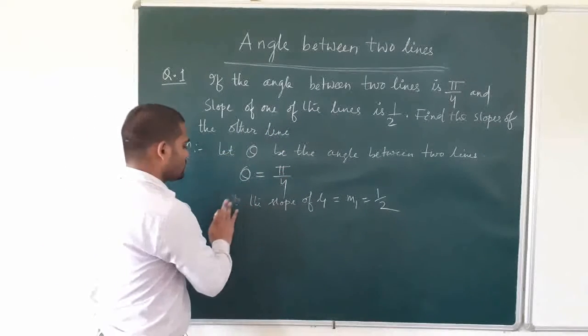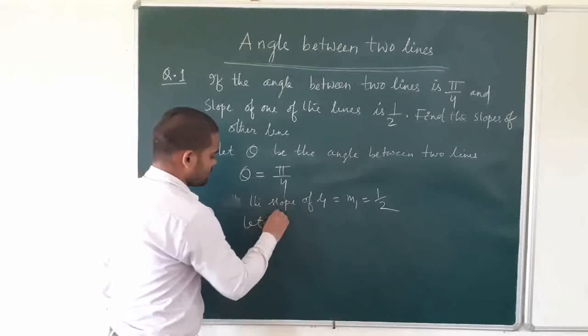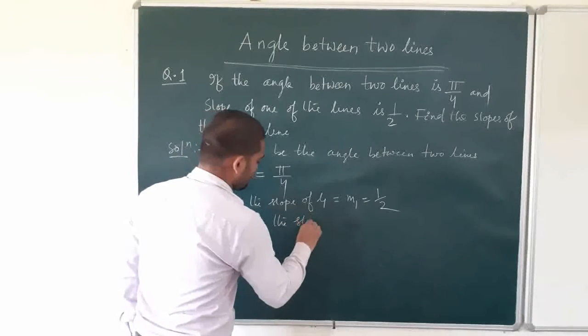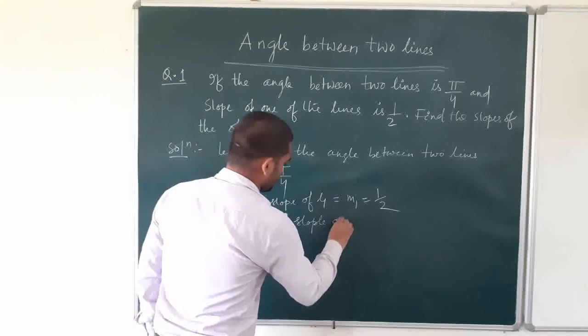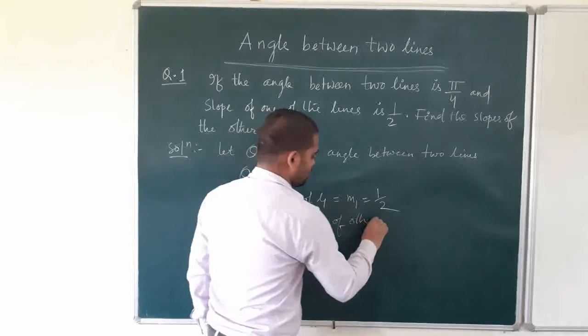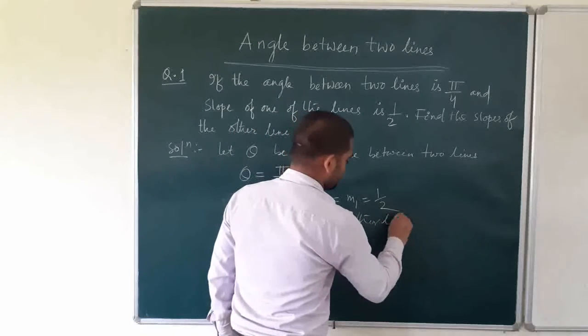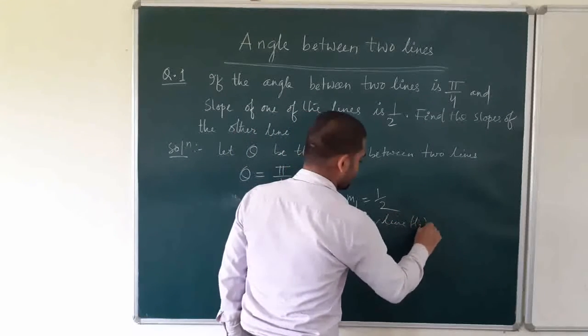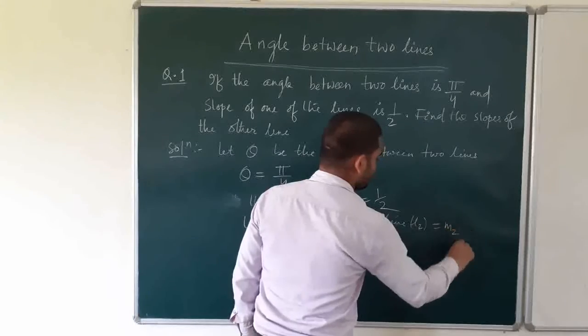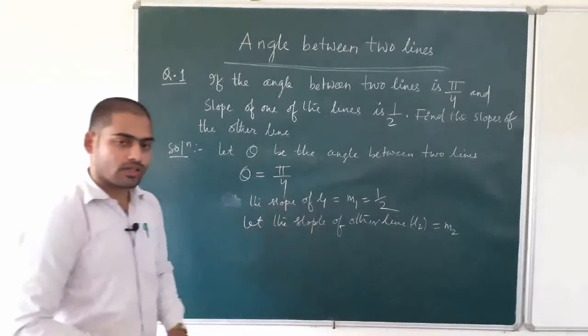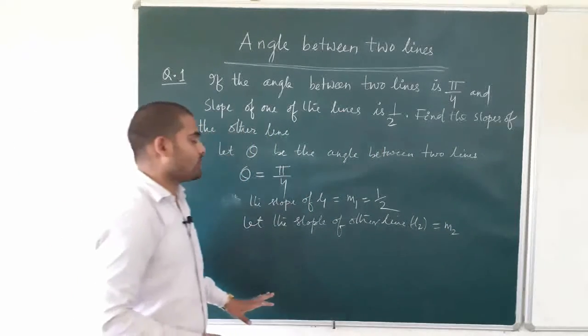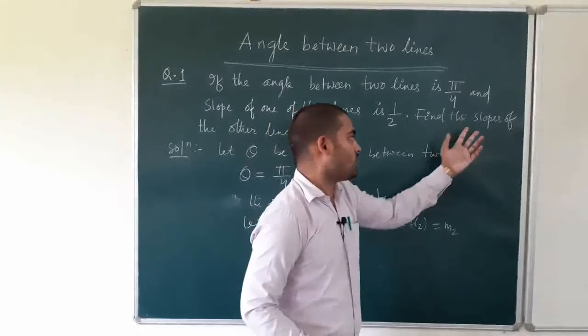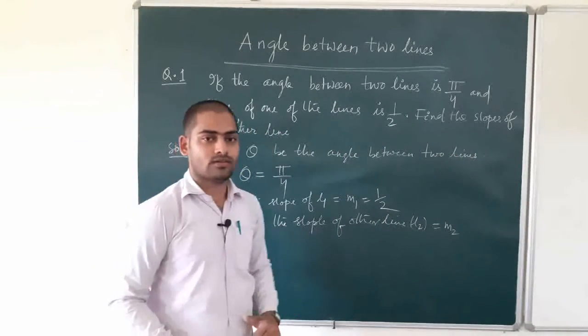So let the slope of the other line L2 be m2. Now we have to find the slope of the other line.